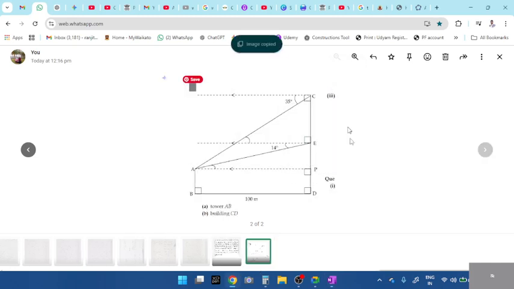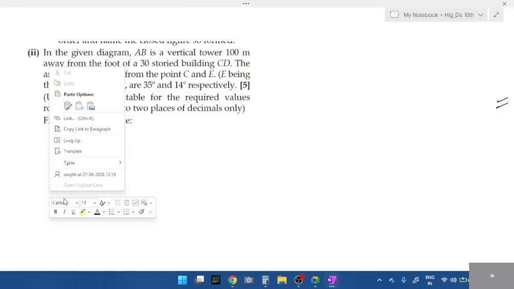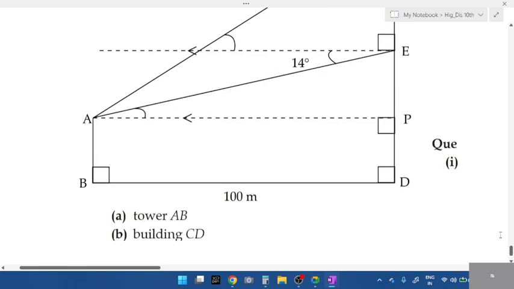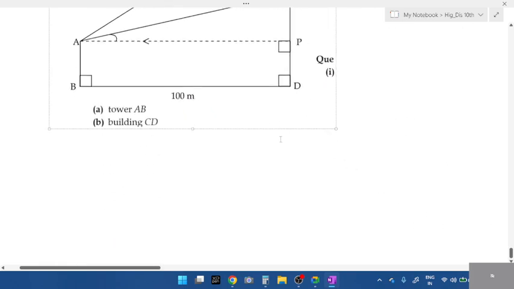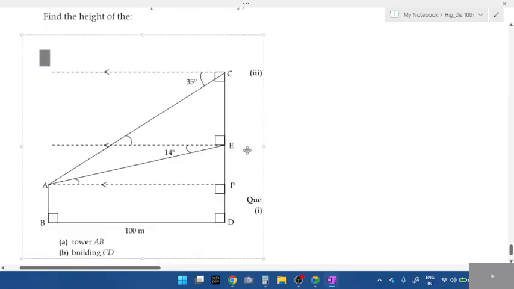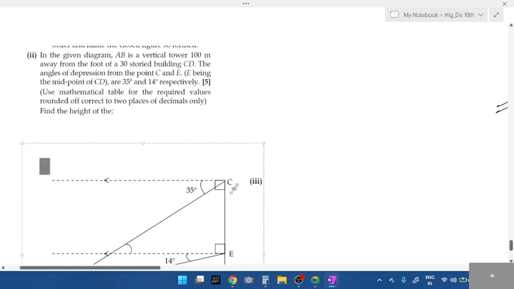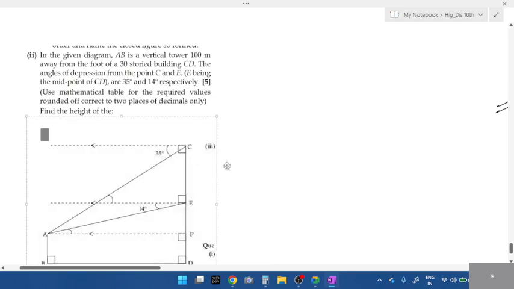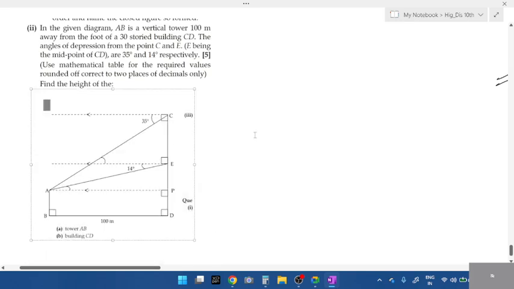Take down the diagram. All of you will write this question. Yes, write it. Write the question. Write 2025. Last question.